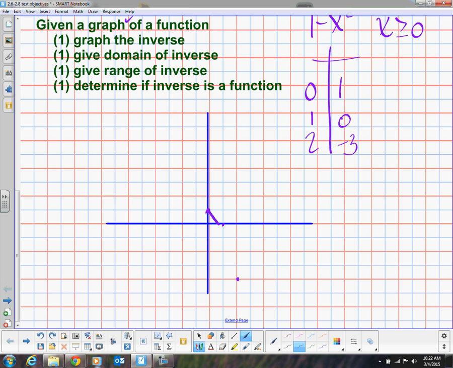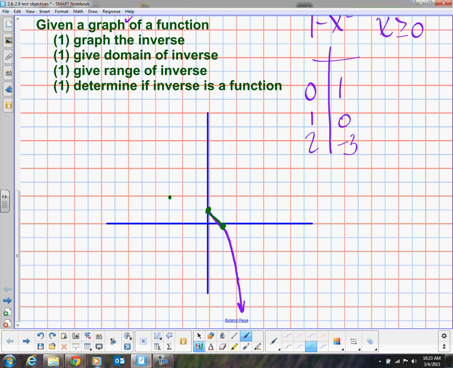So this is our, and it keeps going, correct? Okay. Now, how do I take this graph, which is yours, you will start with tomorrow, and how do I do its inverse? You flip this ordered pair. 0, 1 becomes 1, 0. What does 1, 0 do? Becomes 0, 1. What does 2, negative 3 become?